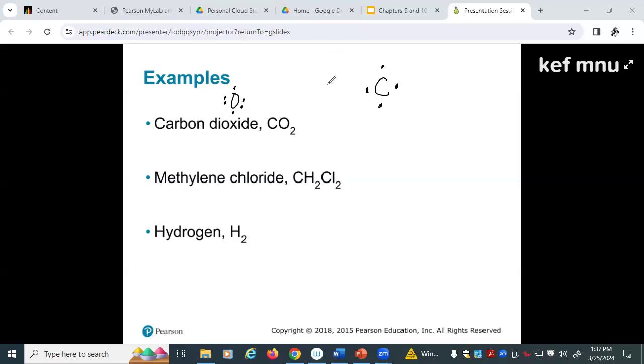And so what I'm going to do to make this easier on myself, I've got 2 oxygens to put around it. I'm going to put 1 oxygen on either side. Now again, the exact placement of these dots doesn't matter that much. But what you'll find is that when you go to pair them up with each other, there are going to be some places where it's easier to pair them up than others.